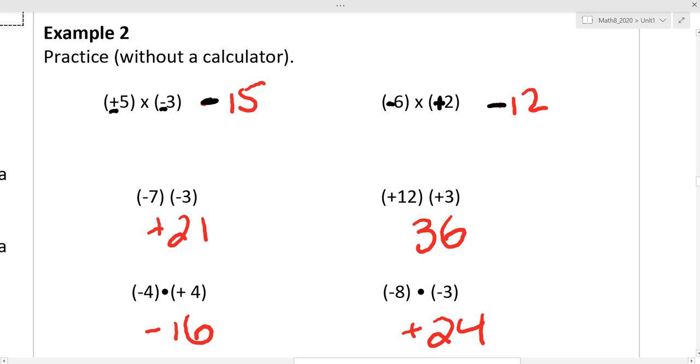Then a negative times a negative was our positive. So you don't have to show the plus sign for a positive. Then 7 times 3, 21. Positive times a positive is a positive, I didn't show it. And 12 times 3, 36.